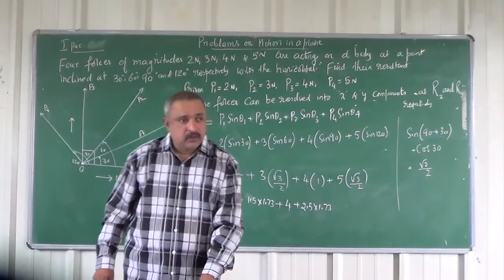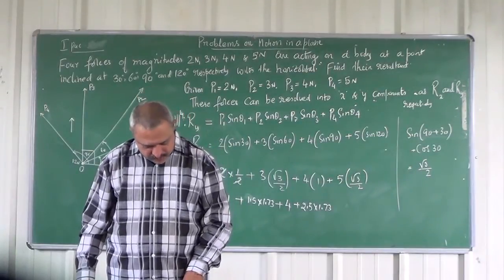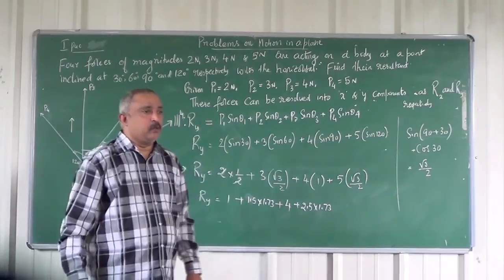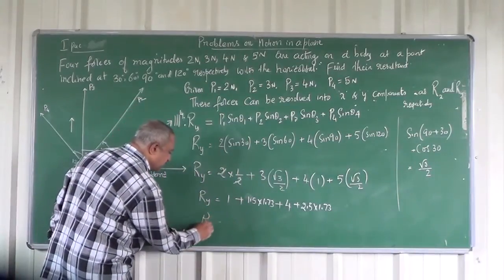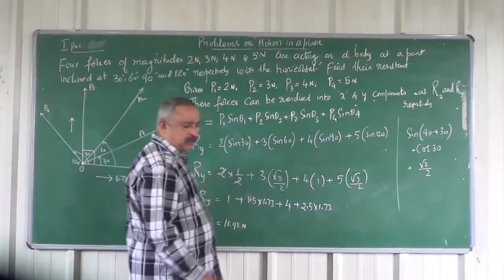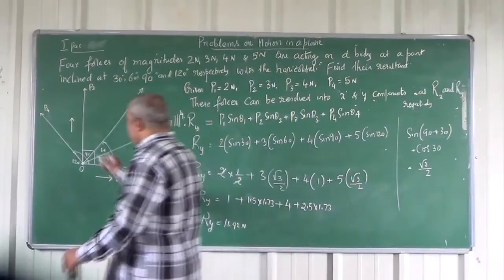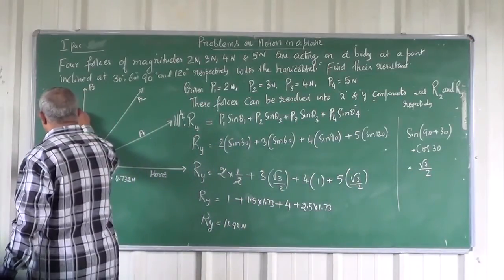You make it around 4.25. Total, how much? 11.92. So like this it is 11.92 units.